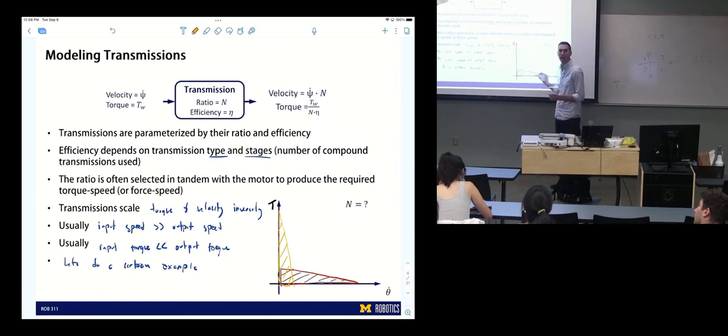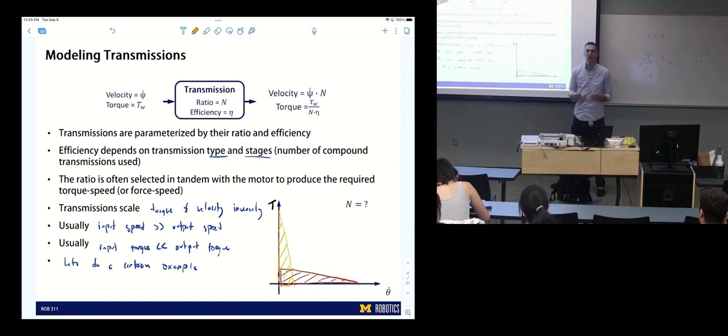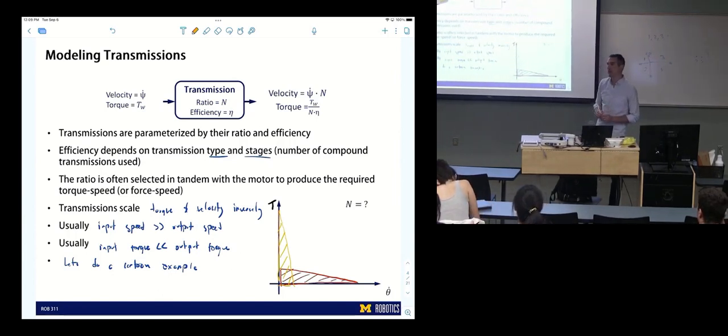It might exist somewhere here. So we have a motor that's running really fast and producing a little bit of torque. And then we want the output to scale the torque up and the speed down. So now our task, instead of existing in this shaded region, exists in this shaded region. What is that transmission ratio, approximately? Yeah, about 5 to 1.